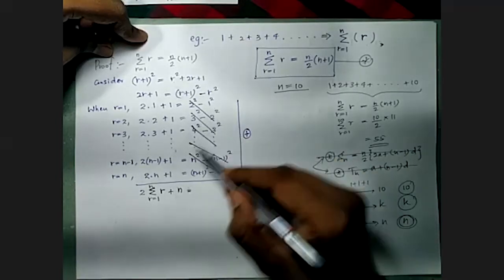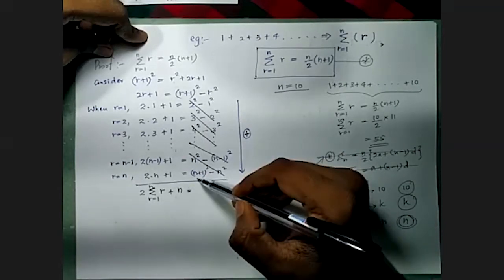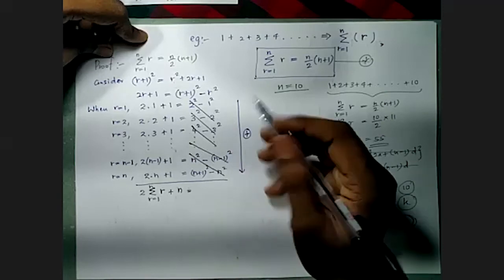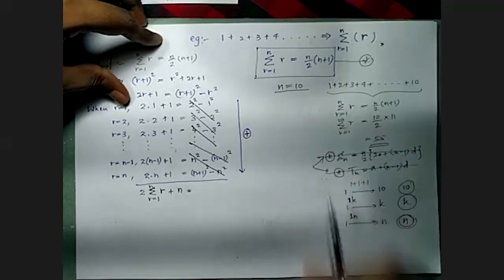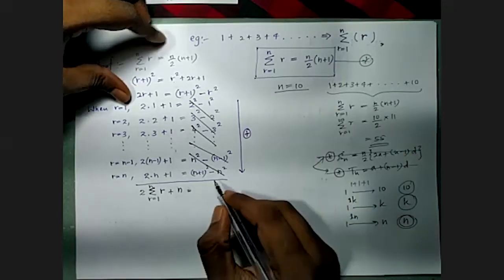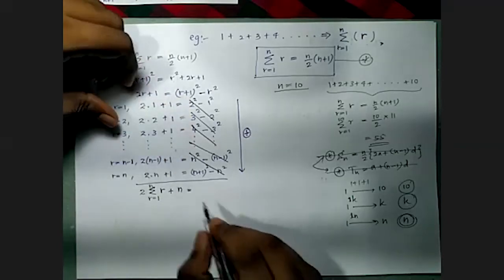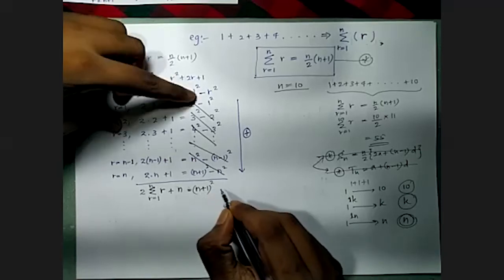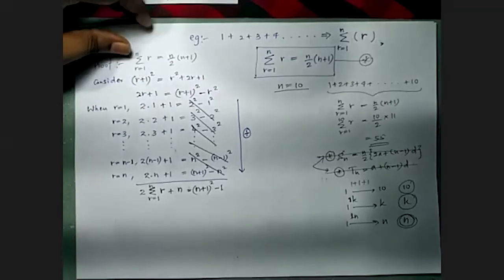Then these two terms here, n plus 1 square and minus n square, they are remaining. They are not cancelled. Now when we take the sum, all these terms get cancelled, but we are left with n plus 1 whole thing square minus 1 whole thing square, that is 1.